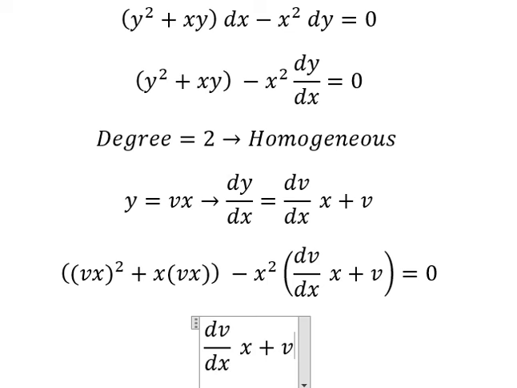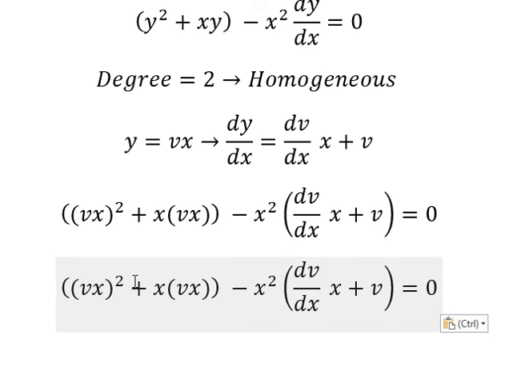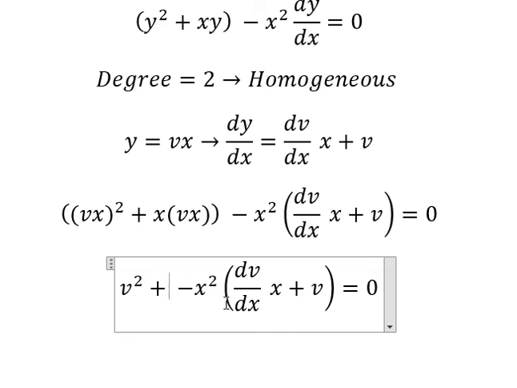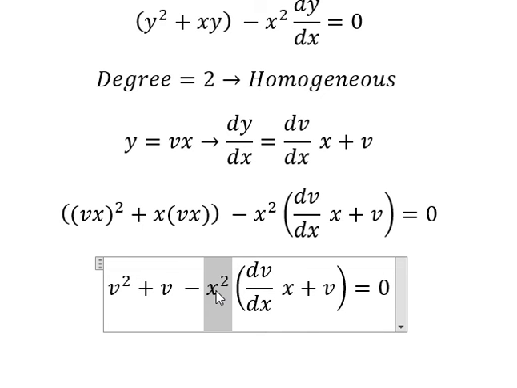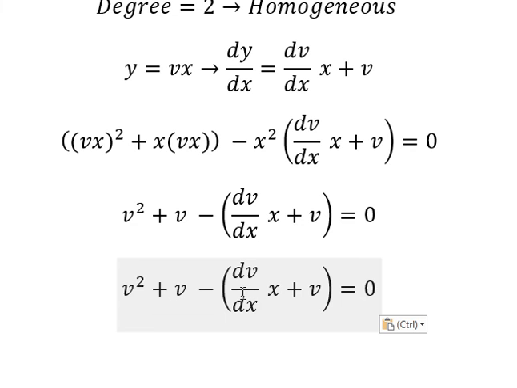Next, we simplify x squared for both sides, and we have v squared plus v. Simplify this one. Now we need to open parentheses.